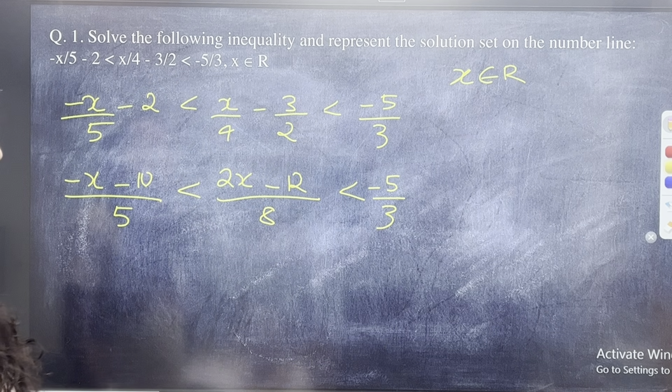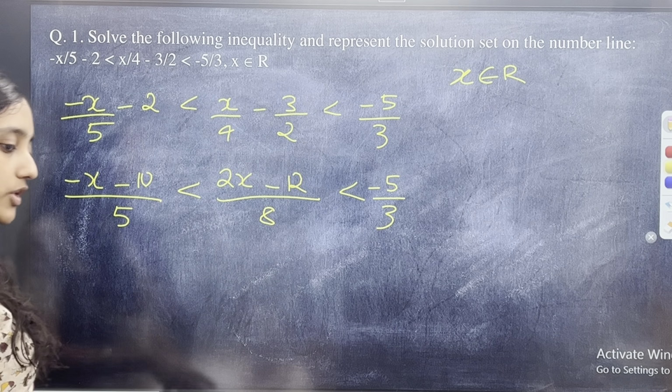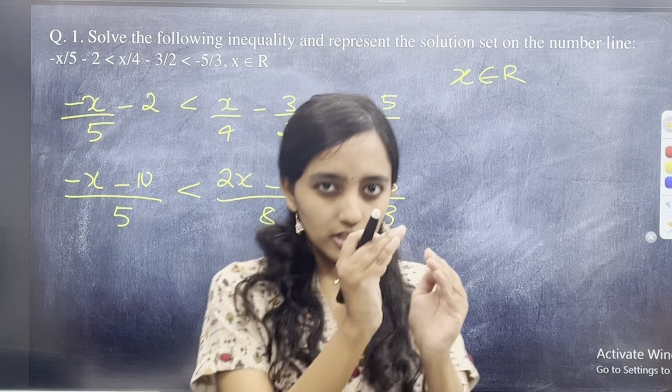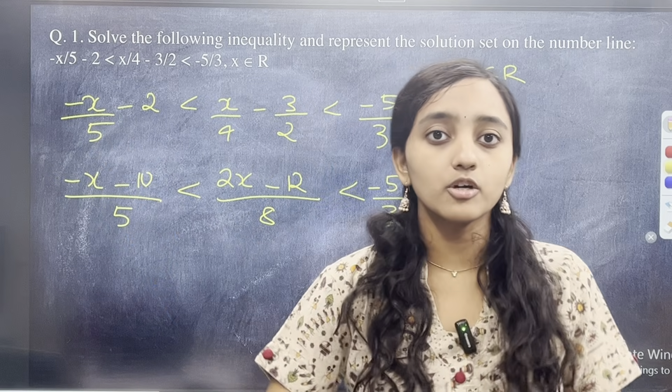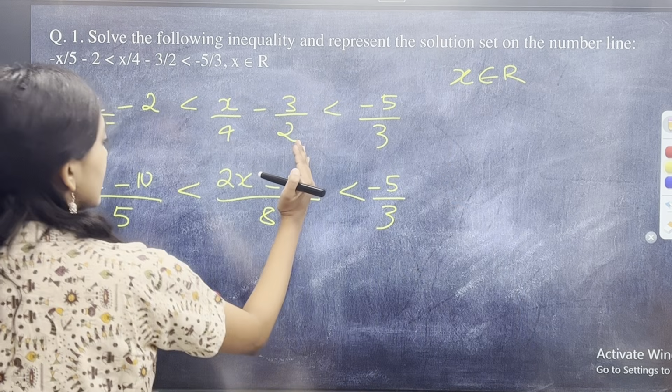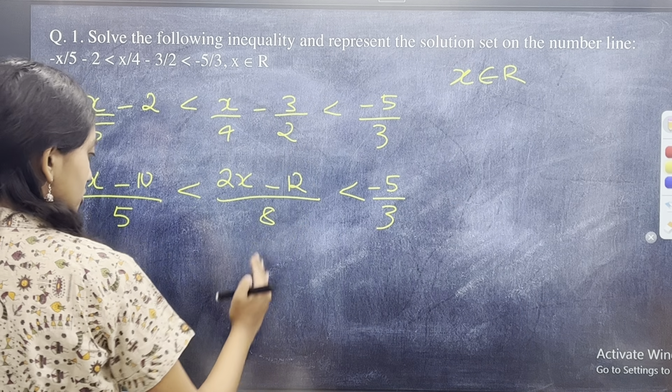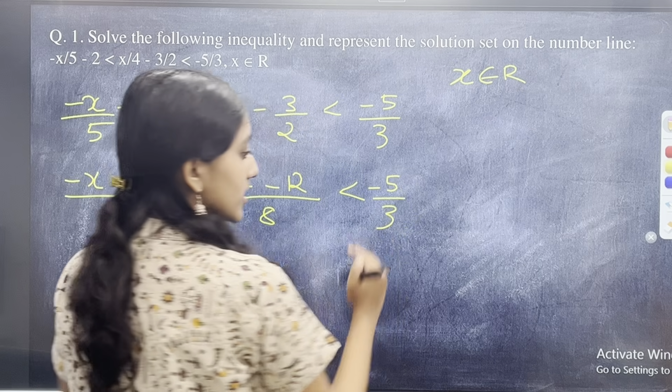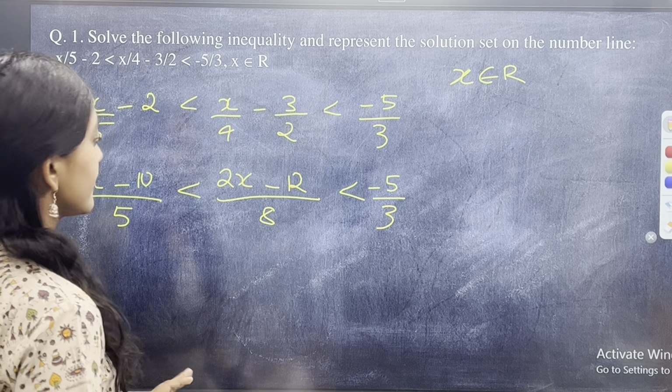Now, after you're done with doing this LCM and finding one term, पहले था दो term, now you have just one term, right? Now what you do is that you take one inequality separately, solve it, then take the next inequality separately, solve it. That is how you have to proceed.